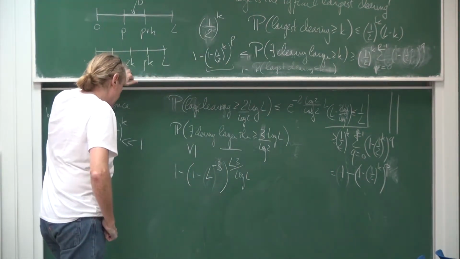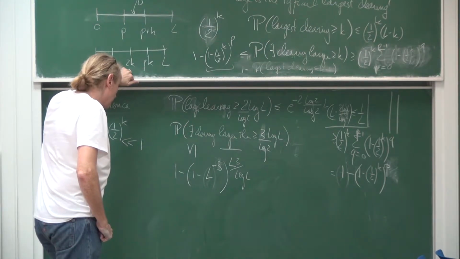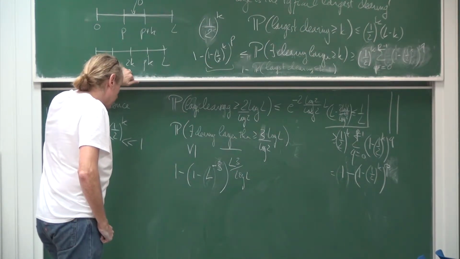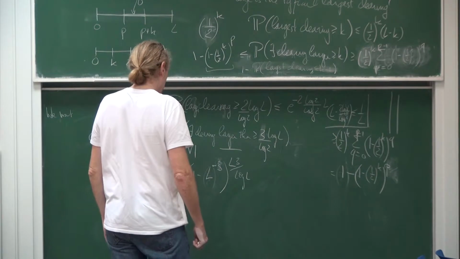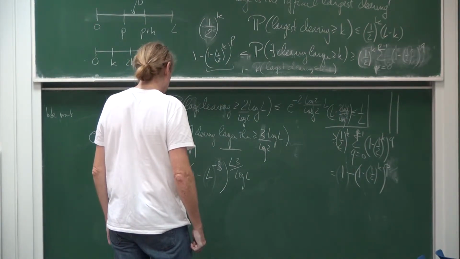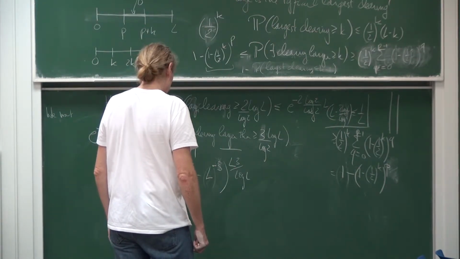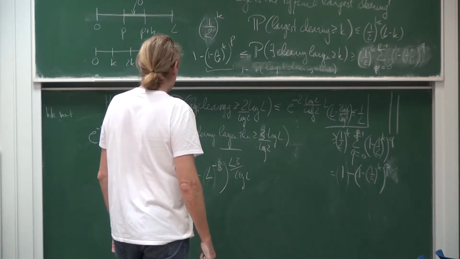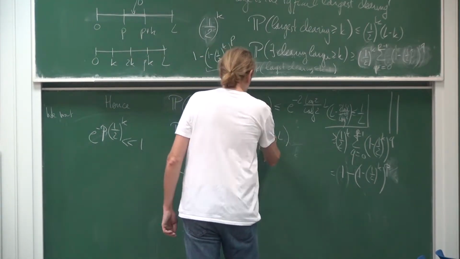I get this, right? And if I just do the Taylor expansion, let me think. Sorry, I want this to be close to 1.